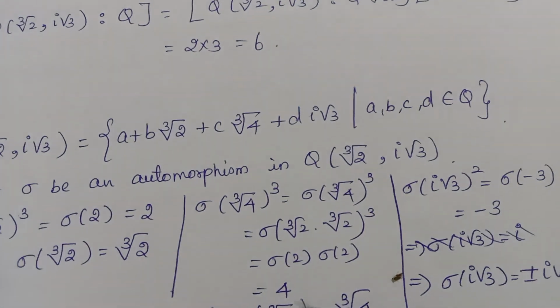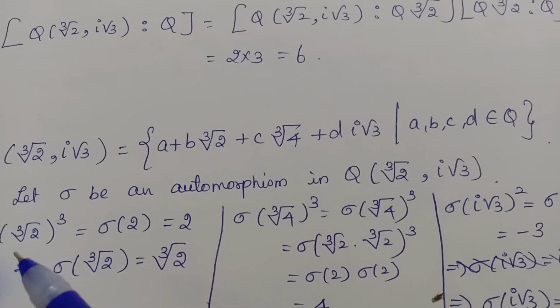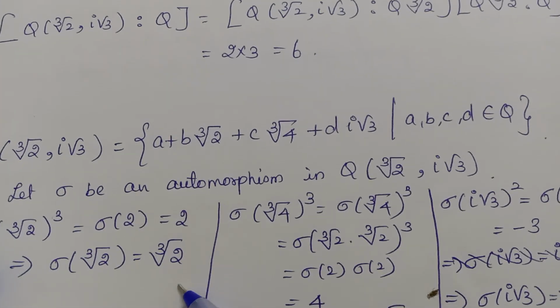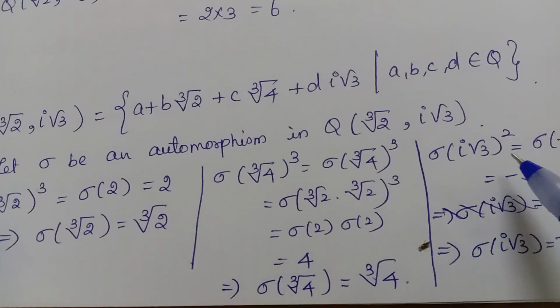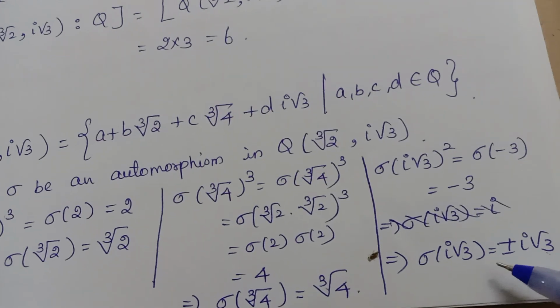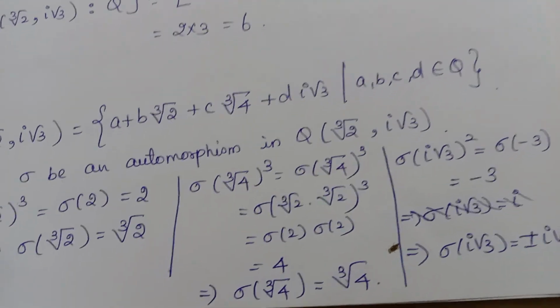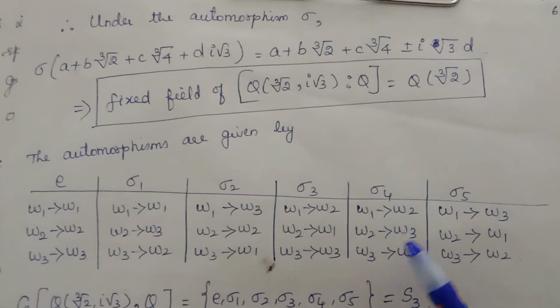So from this we conclude, 3 roots are there, no? One is cubic root of 2, that is left fixed. Another one is cubic root of 4, that is also left fixed. Another one is i root 3, it is either mapped to i root 3 or minus i root 3. Okay, so from this what do we conclude?